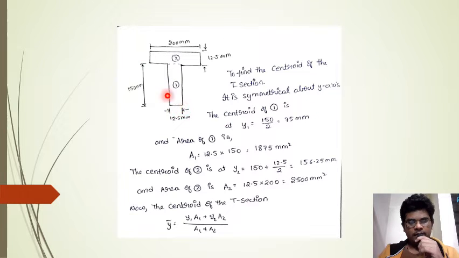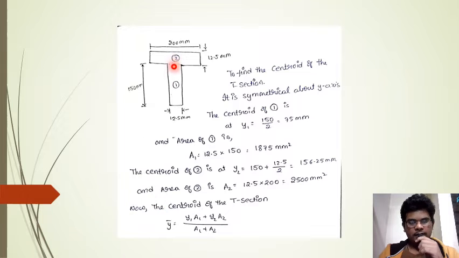And the area of this part is 12.5 into 150 mm square, that is 1875 mm square. Now the centroid of the second one is 150 plus 12.5 by 2, that gives 156.25 mm, and the area of this part is 200 into 12.5 mm, which gives 2500 mm square.